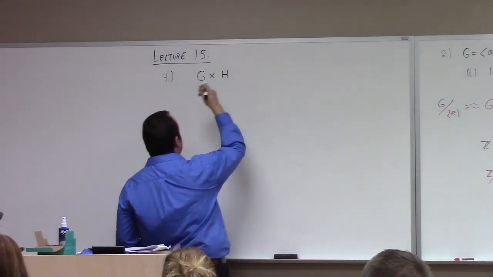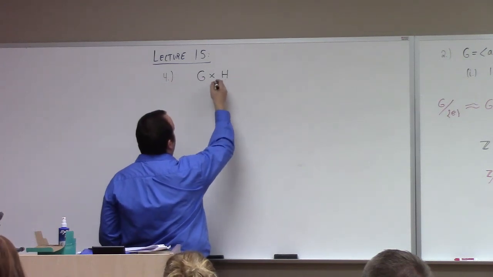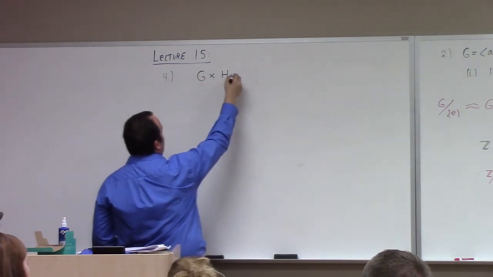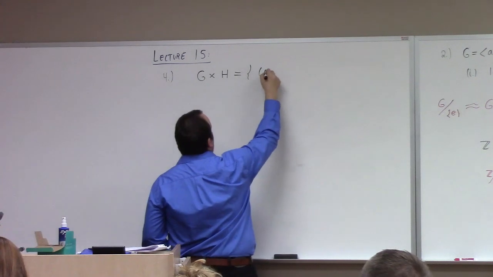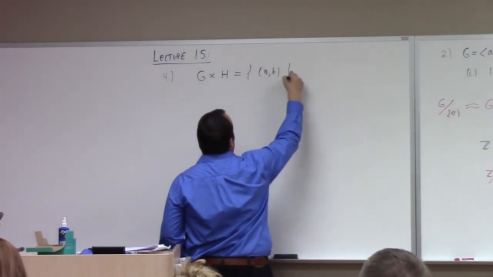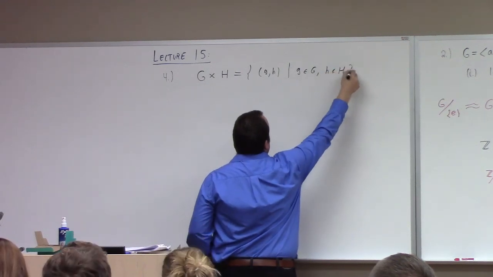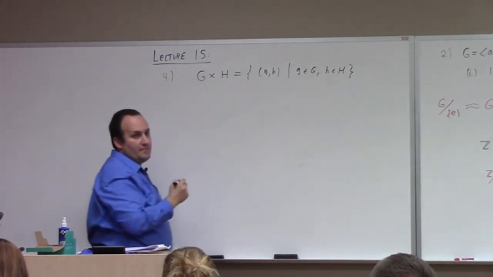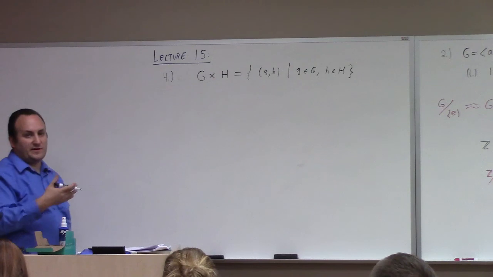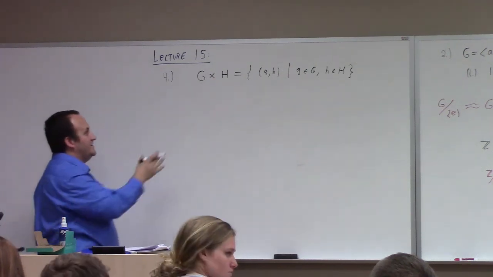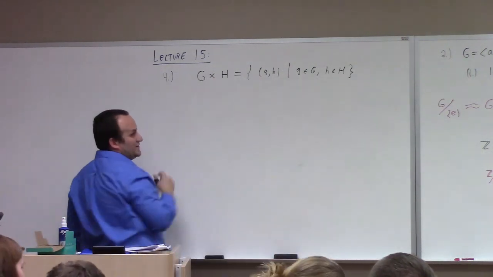So if I take that, in other words, this is the set of pairs (g, h) such that g is in G and h is in H, and we multiply them component-wise. I had used the notation G circle plus H for this previously.